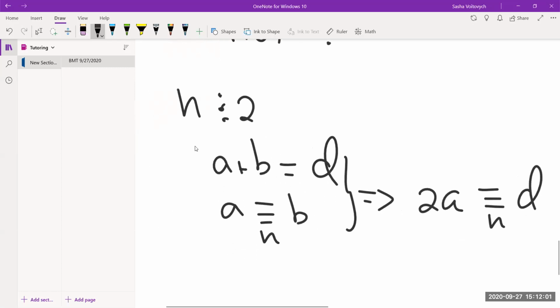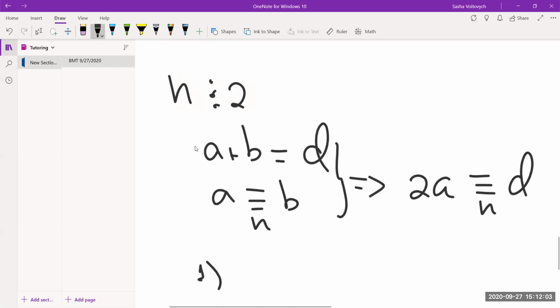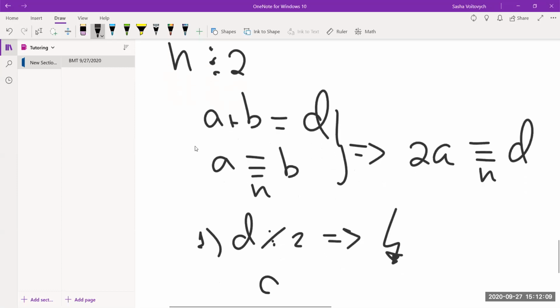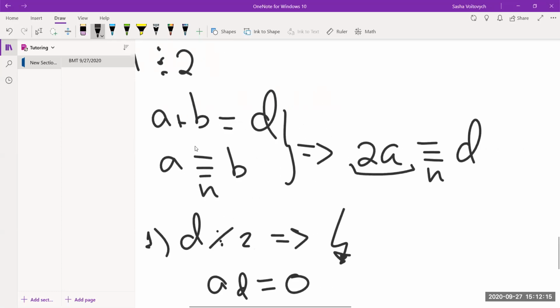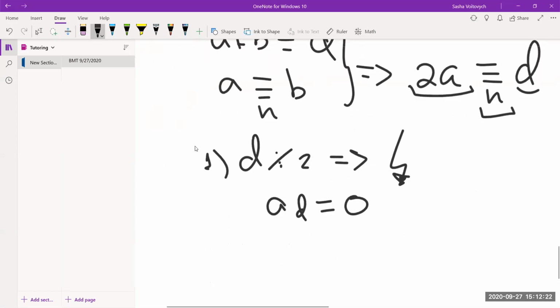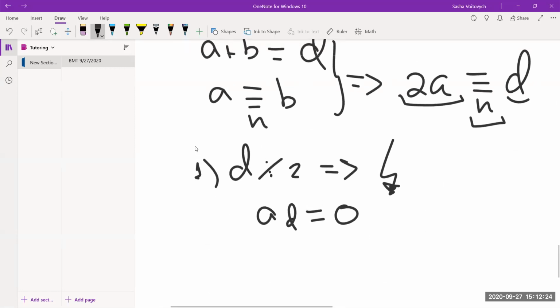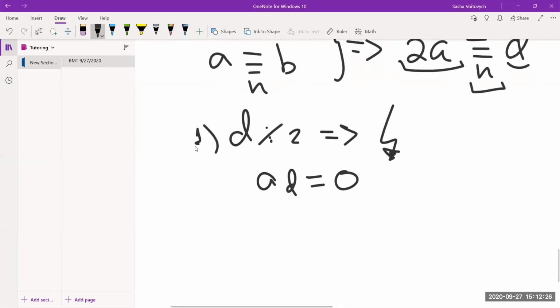So if D is odd, then this equation has no solutions, and A_D is equal to 0. Why? Because some even number has to be congruent mod n, which is even, to some odd number, which is impossible.